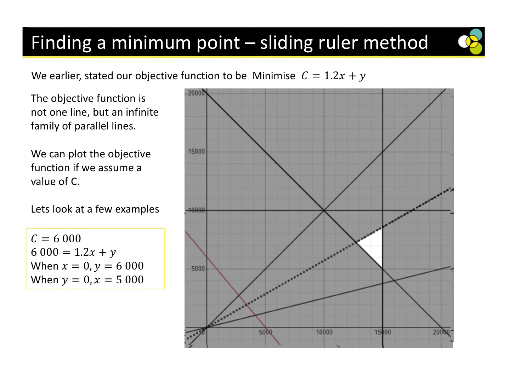For example, let C equal 6,000. If we let C equal 6,000, here we have our line. No matter what C equals, if we did C equals 10,000, we're still going to get the same gradient.